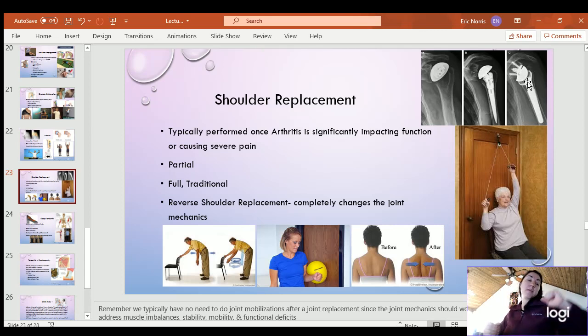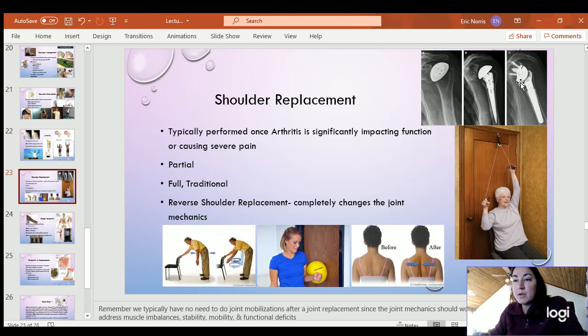So rather than the top of the humerus being the ball and the glenoid fossa being the socket, now the top of the humerus becomes the concave surface, and the glenoid fossa becomes the convex surface because they've replaced it with a ball and the other portion with a concave surface. So it completely changes joint mechanics.